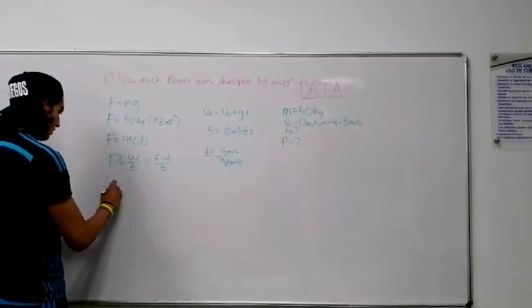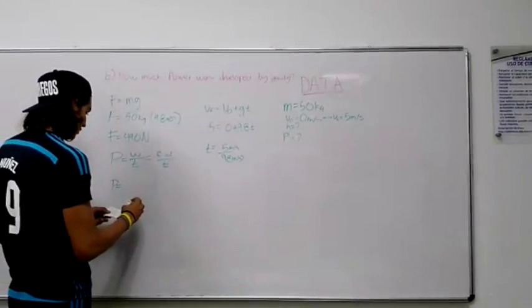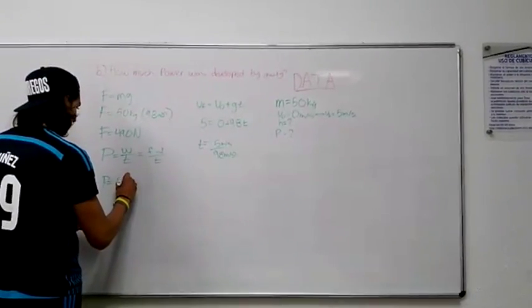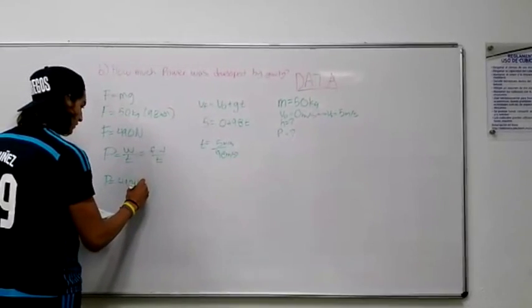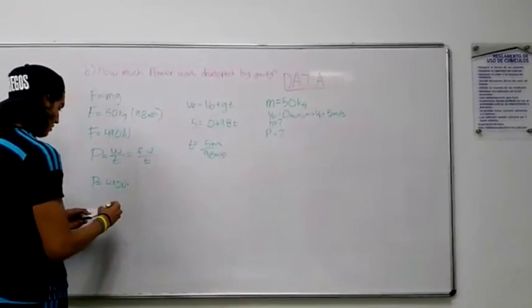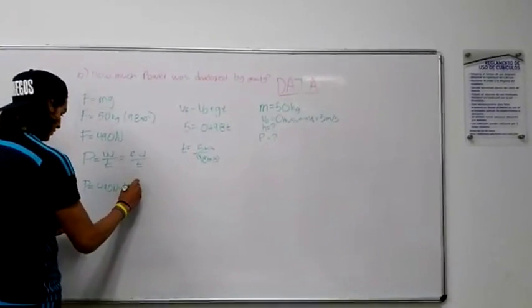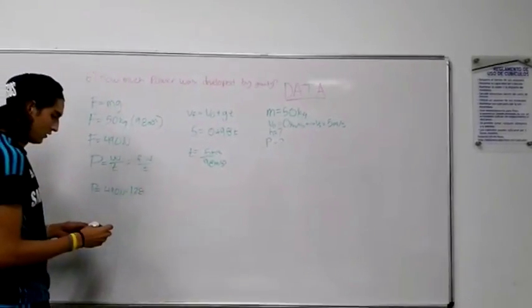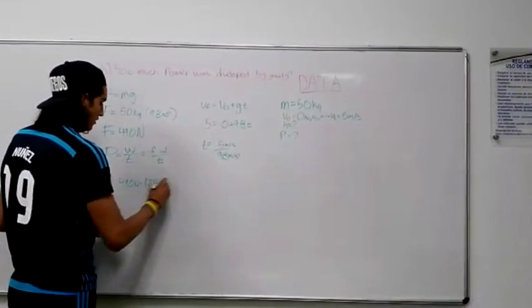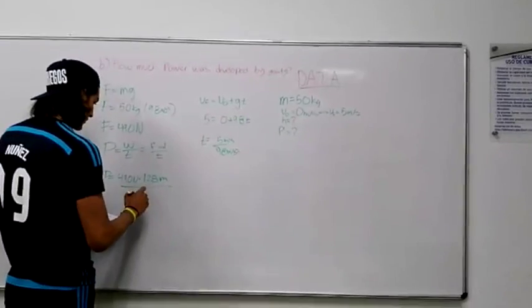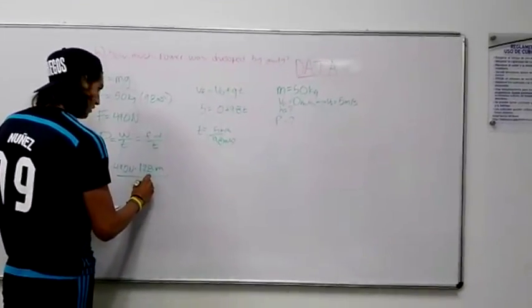That will be P equals 490 newtons times 1.28, that is the height, over 0.51.